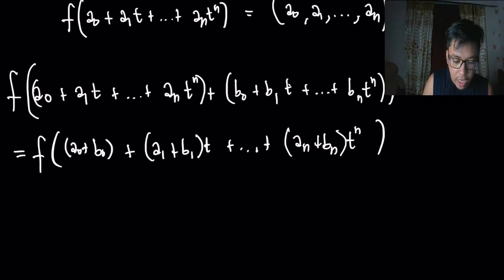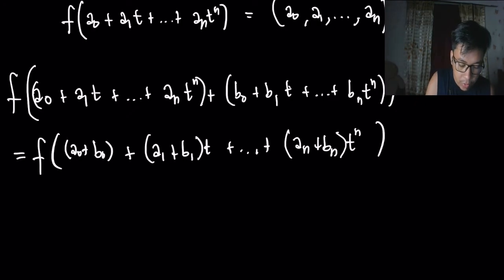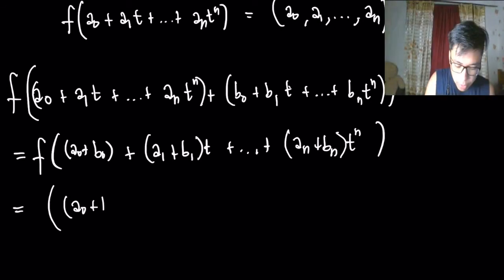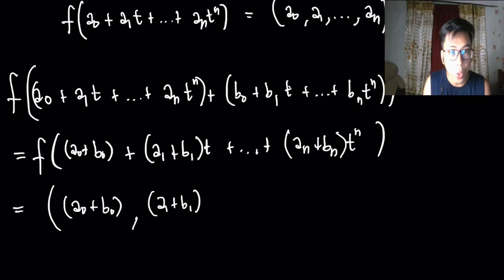By the definition of your map, this is equivalent to having the tuple (a_0 plus b_0, a_1 plus b_1, up until a_n plus b_n). I'm sorry, it's not a plus between the entries, it's a comma, because it's an ordered tuple.